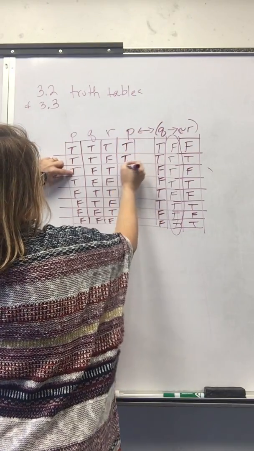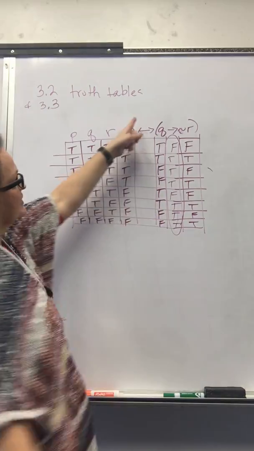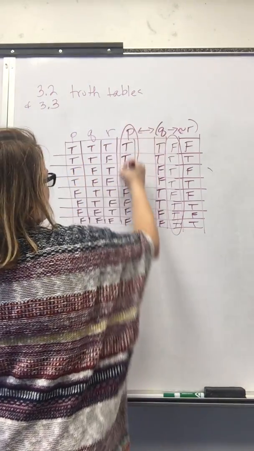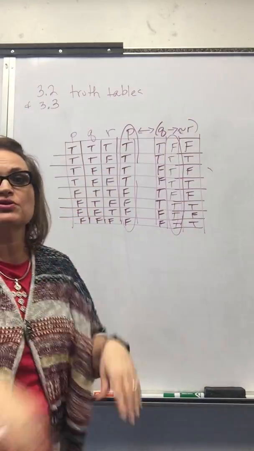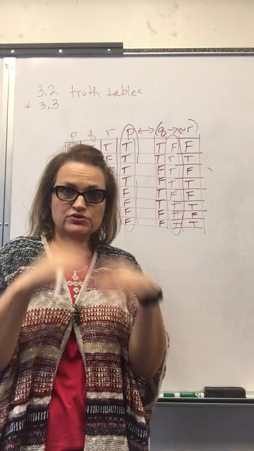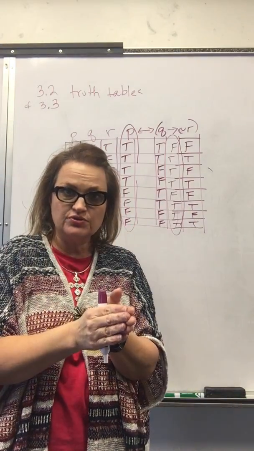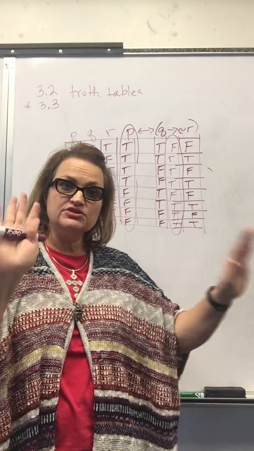I can just copy P as it is here. And then the biconditional rule, I'm comparing column P with the answer to the parenthesis, and I'm doing a biconditional. The biconditional rule says they have to have the same back and forth, either both true or both false. That's true. So it's a two-way street, like if and only if this. So these two things go together.